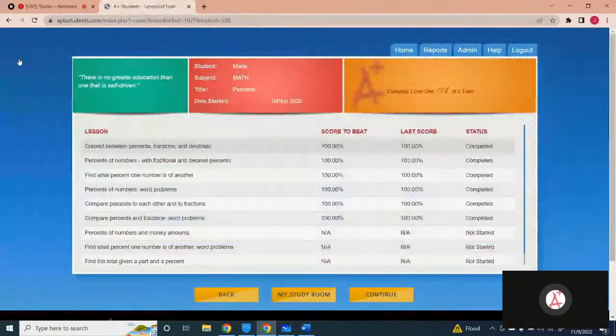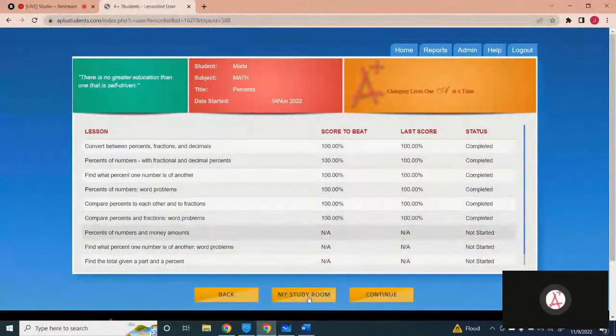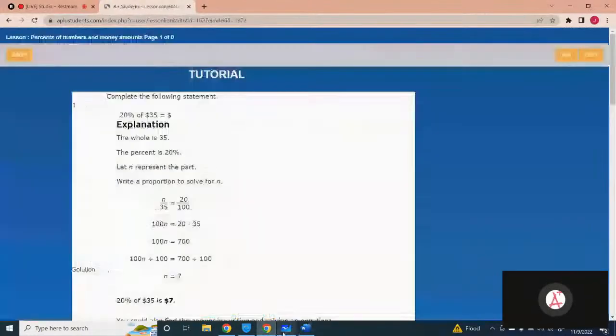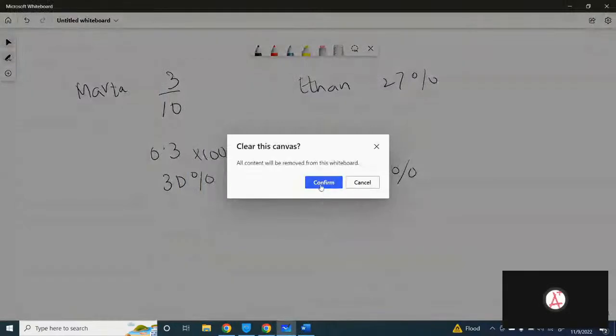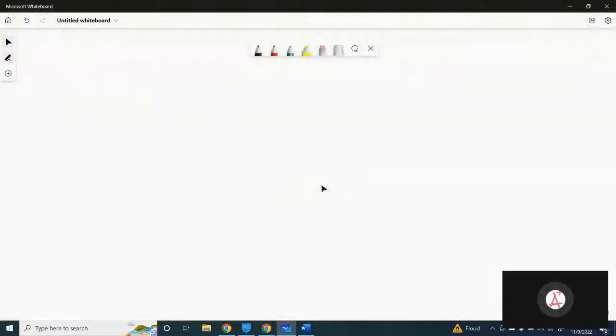Okay, the next one is percent of numbers and money amounts. Let me write down the lesson name. It is percents of numbers.